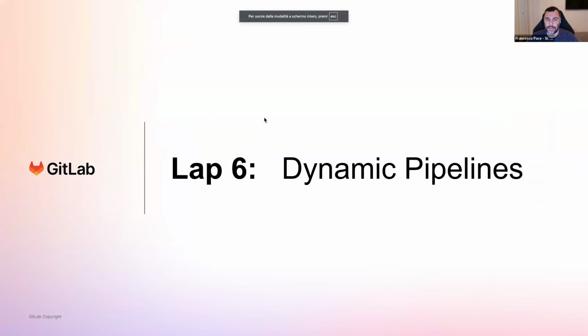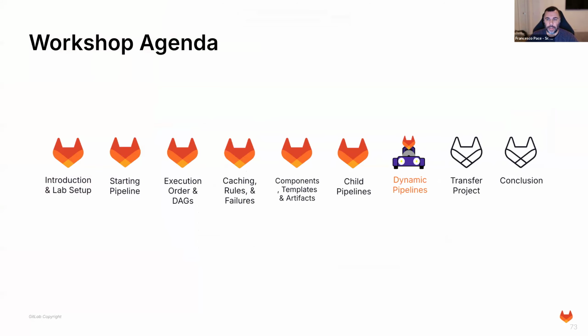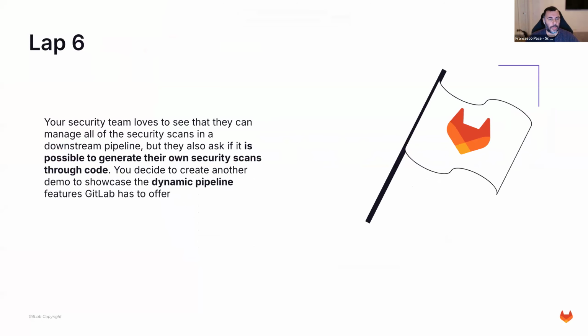So, last exercise, last lab, dynamic pipelines. As I mentioned before, we want to have the possibility to generate the code of our pipeline during the pipeline itself. So let's imagine we want to create a pipeline that has knowledge of the variables or preconditions or other jobs of the pipeline.